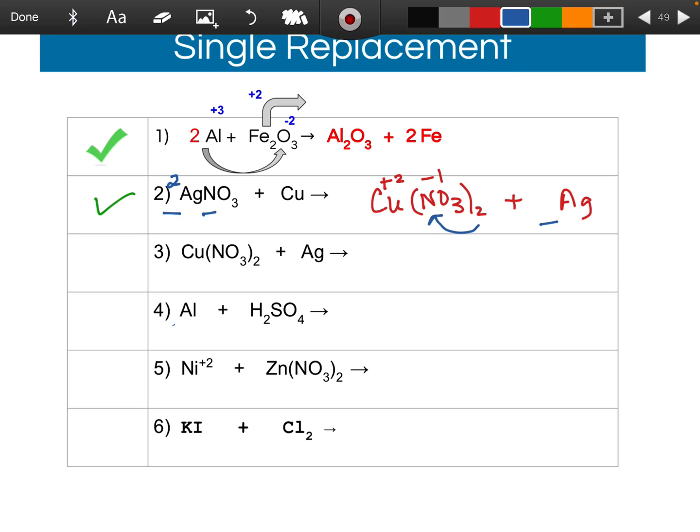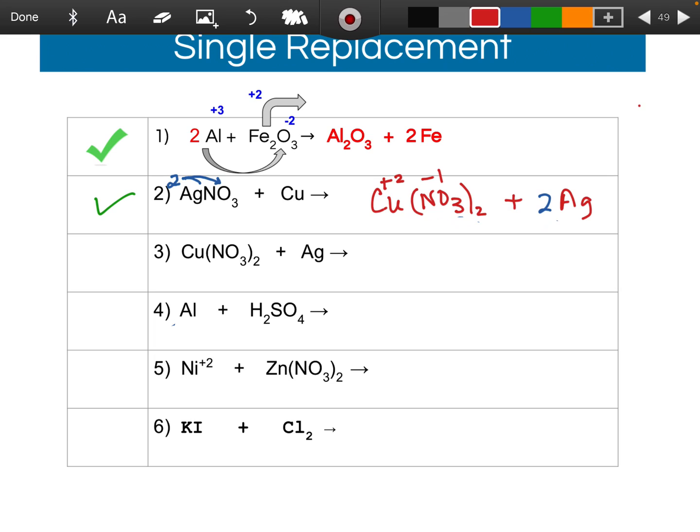That 2 now will change the number of silvers, so we need to put 2 in front of silver. Here we have 2 nitrogens, and here on the reactant side we have 6 oxygens. And on the product side, we also have 6 oxygens. So silver is balanced, nitrogen is balanced, oxygen is balanced. Here we have 1 copper, and on the product side we have 1 copper. So that would be our complete balanced equation for the first reaction.